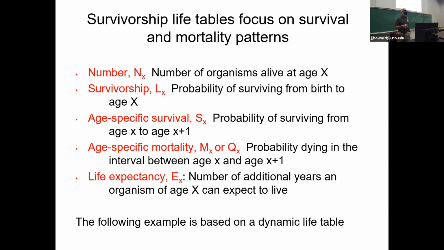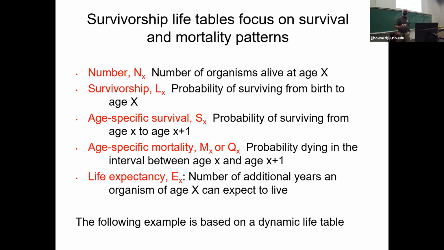So the second thing, and one of the really important things about a life table, is survivorship, which we say is L sub X. That's the probability of surviving from birth to age X, whatever it is. So for humans, currently, L20 is somewhere around 90%, depending on what society you're in.